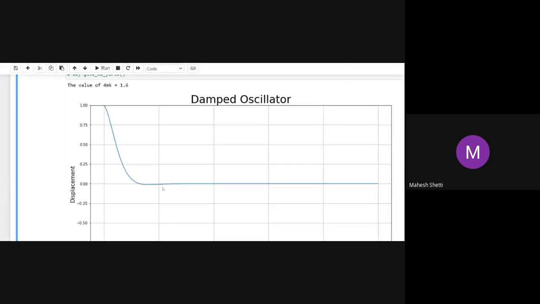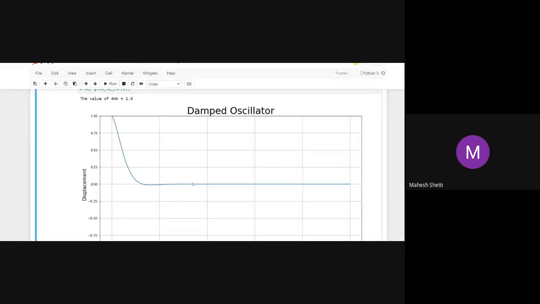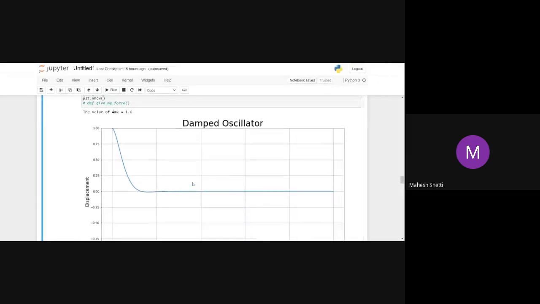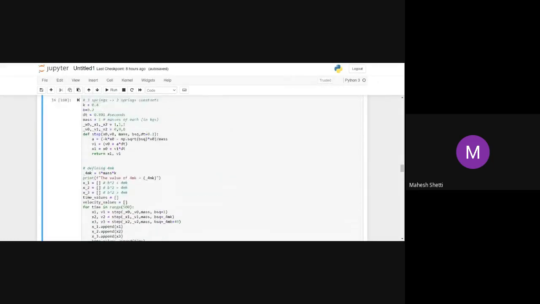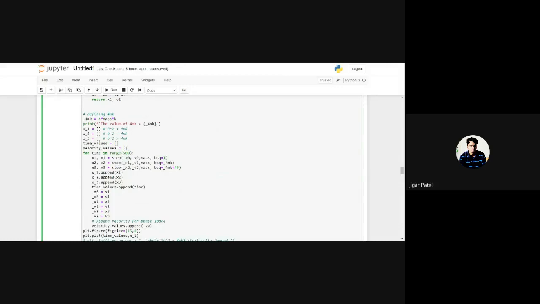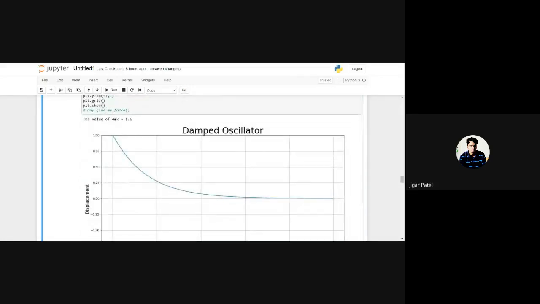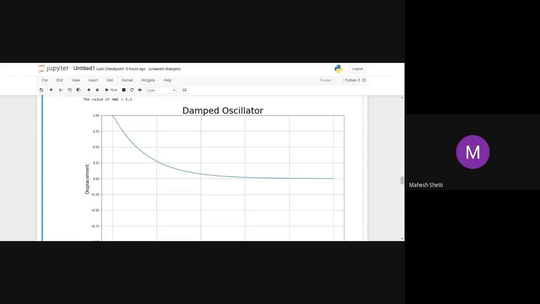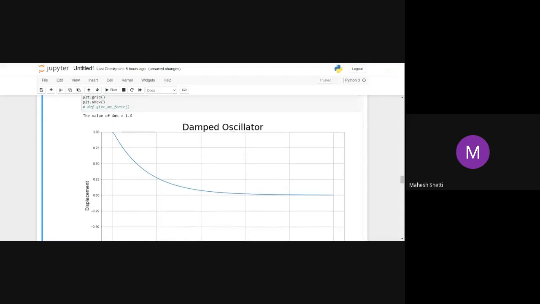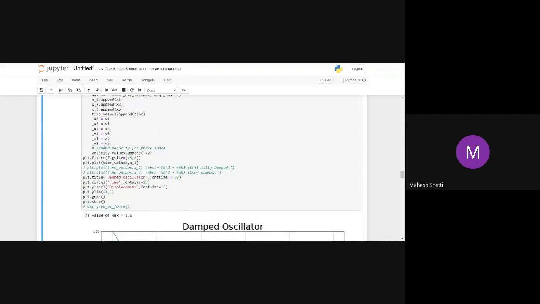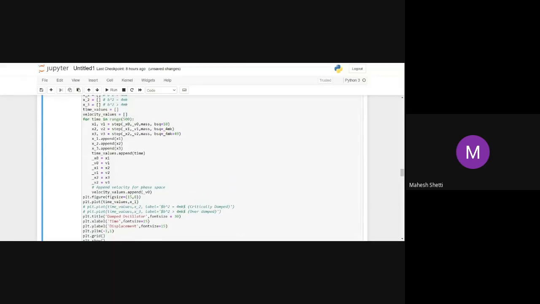Okay, you can increase B, say 10. And if you want to increase, you increase in steps. Okay, but now it is fully damped. Fine. Make it 2 and see what happens. Make it 4, see what happens.